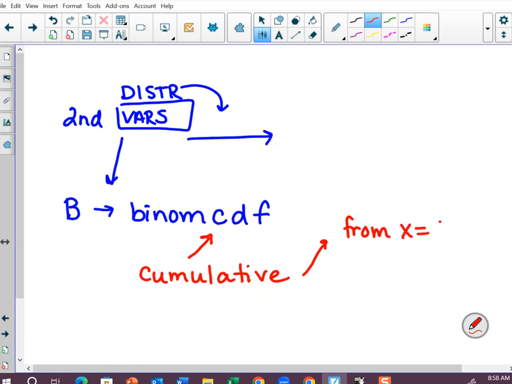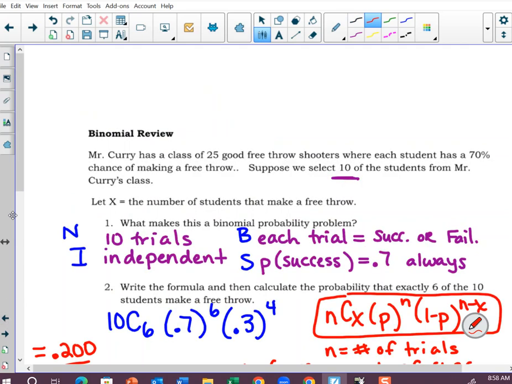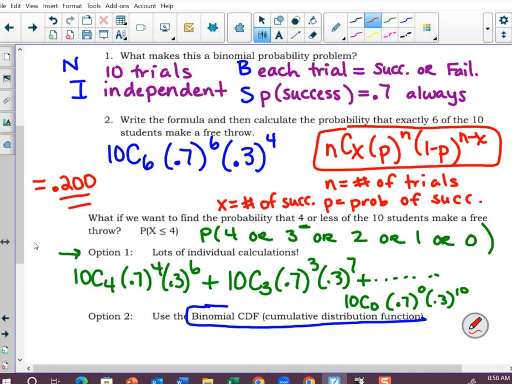From X equals a number and down. If we wanted to go up, there's a couple different ways. It would depend on what kind of up we were doing. So we're not going to worry about up right now. We're just going to worry about down. So you're like, well, what do you mean down? I mean, like, X is less than or equal to 4.